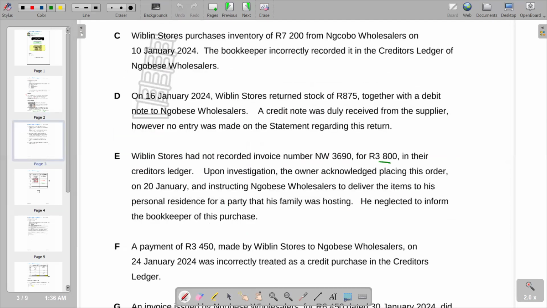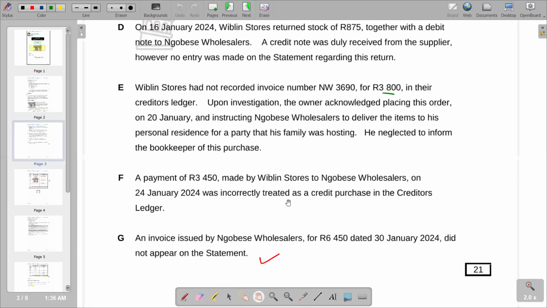On F, it reads: a payment of 3,450 made by Weekly Sourcing to Gomez Wholesalers on 24 January 2024 was treated as a credit purchase in the creditors ledger. So you see that we've got an error that transpired. This 3,450 was a payment. So it was an error that transpired in the creditors ledger.